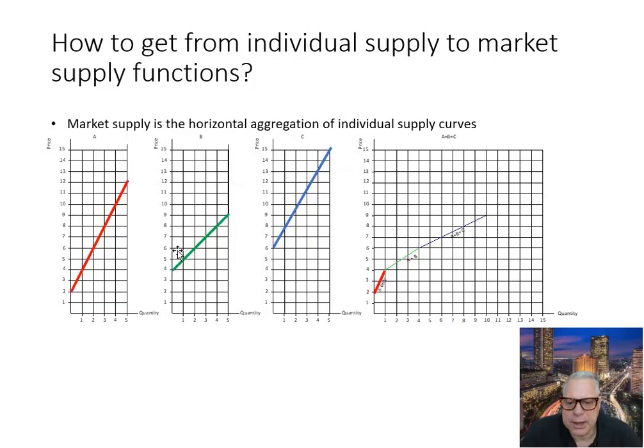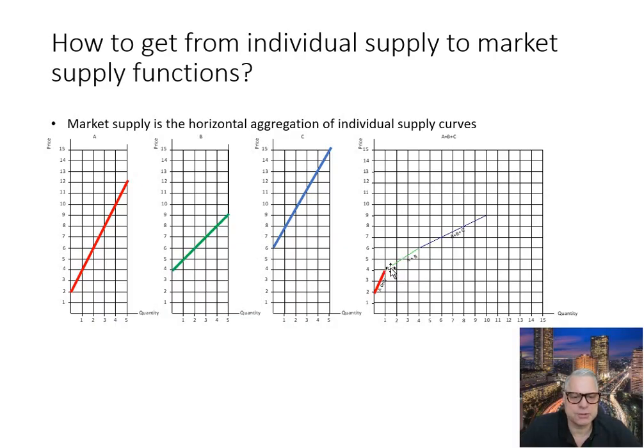Okay, so at a price between 4 and 6, we have both A and B supplying. So now we just look at, at the price of 6, what is the total aggregated supply? At the price of 6, the quantity supplied of A is 2, and the quantity supplied of B is also 2.